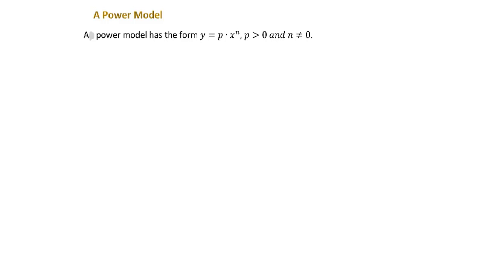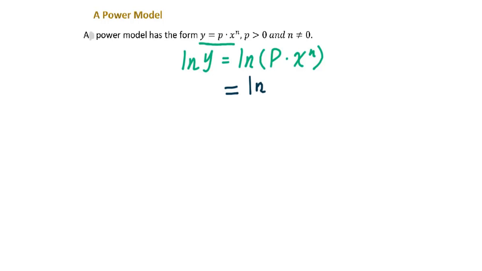A power model has the form y equals p times x to the nth power, p greater than 0 and n not equal to 0. For this power model, we can change it into a linear model by taking the natural log of both sides. We expand this natural log as natural log of p plus natural log of x to the nth power.